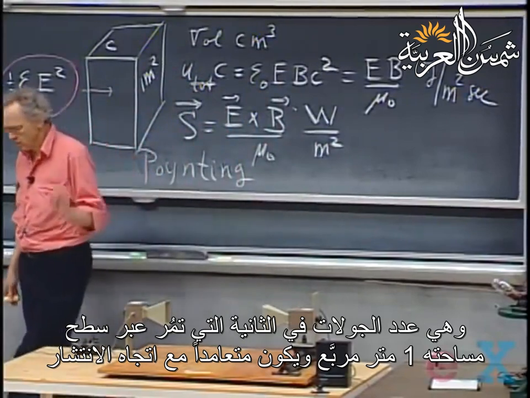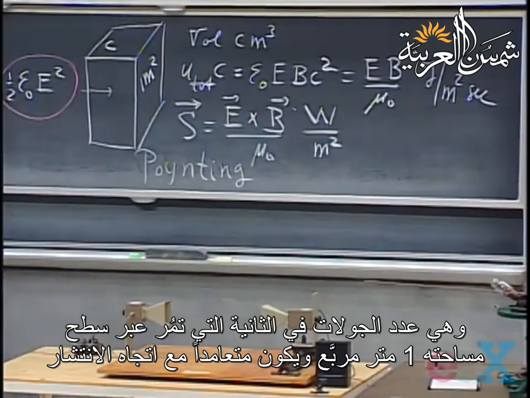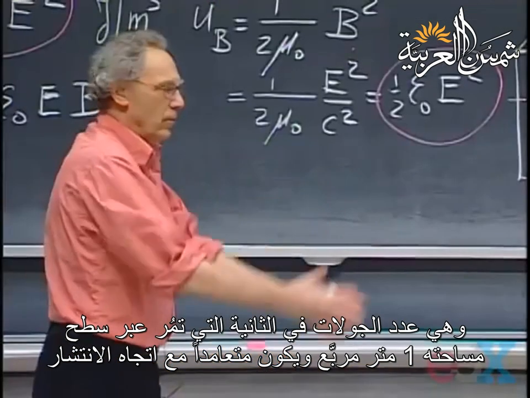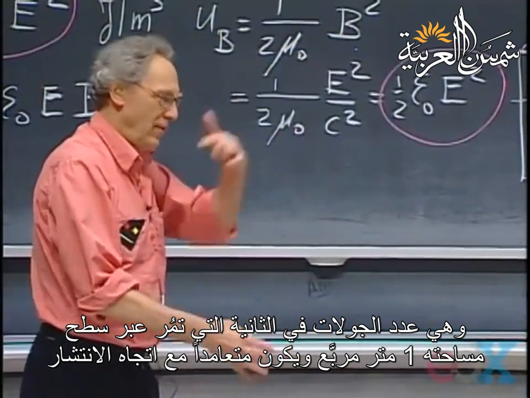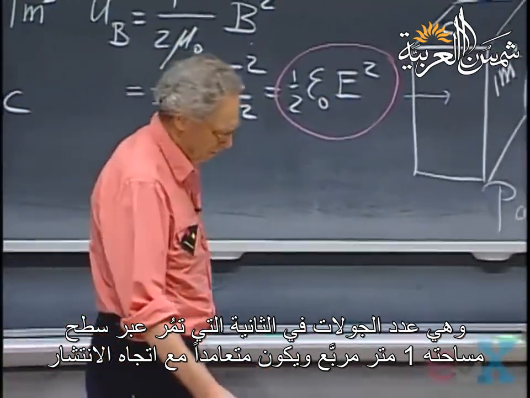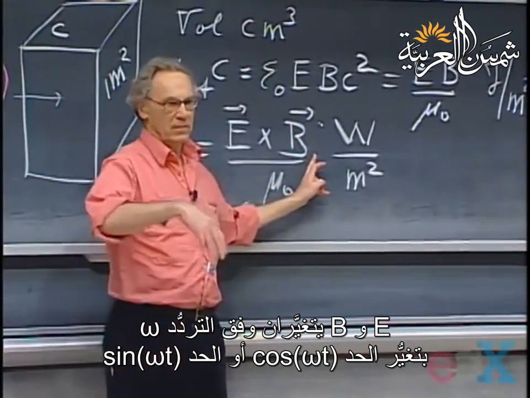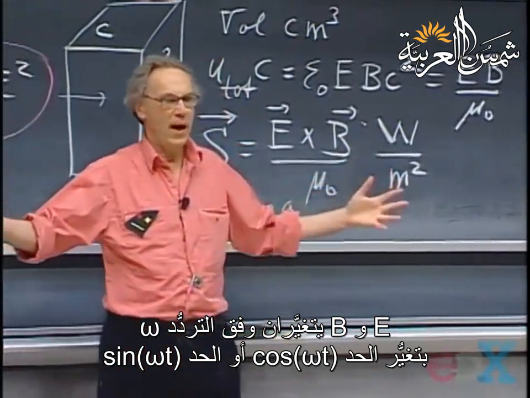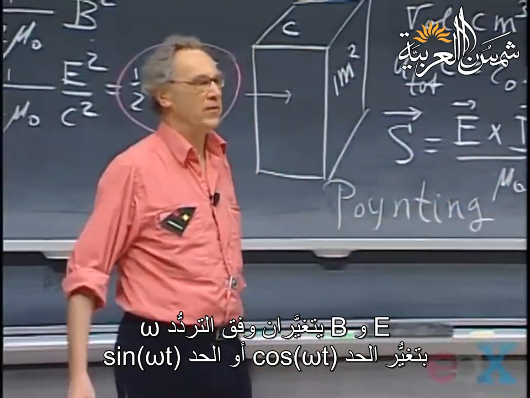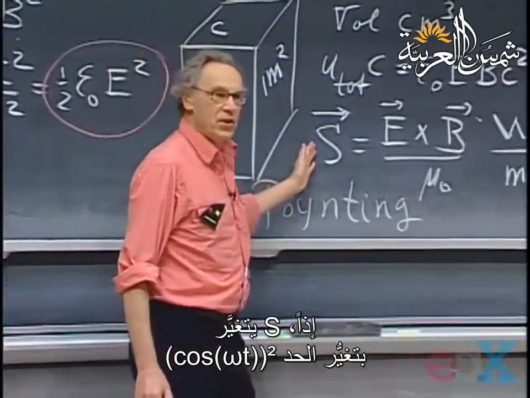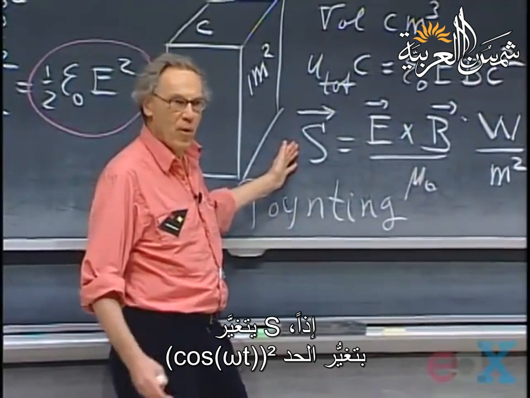How many joules per second per 1 square meter, to a plane perpendicular to the direction of propagation. Now, E and B are changing with a frequency omega, cosine omega t or sine omega t. And so S is changing with the cosine squared of omega t.